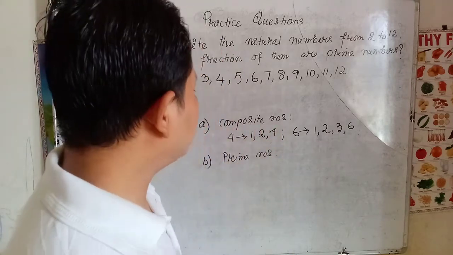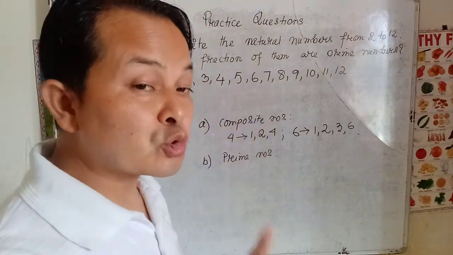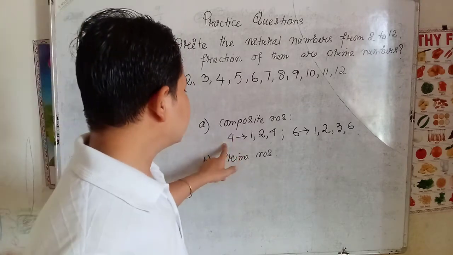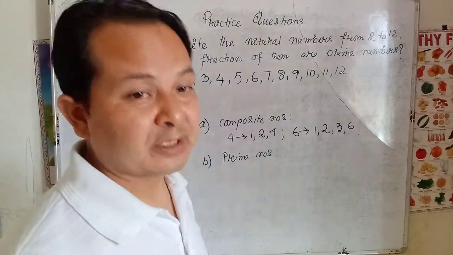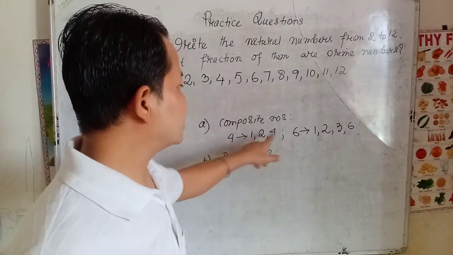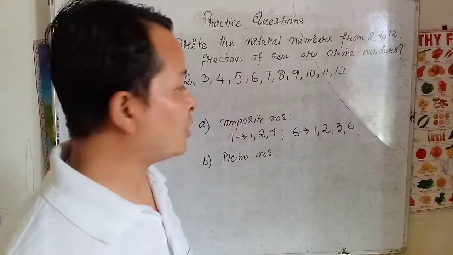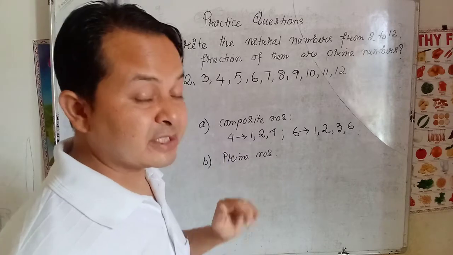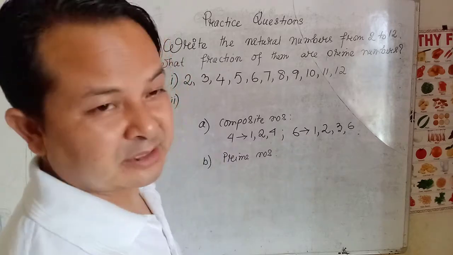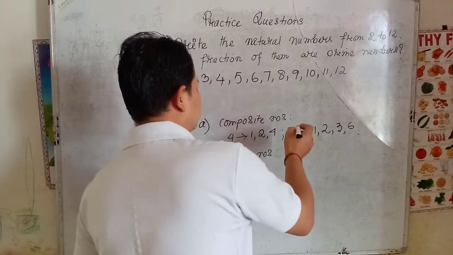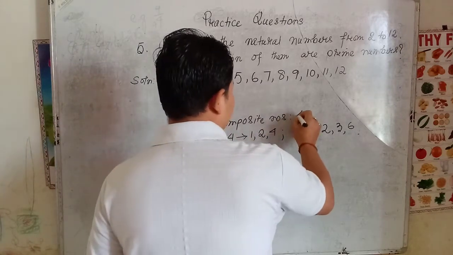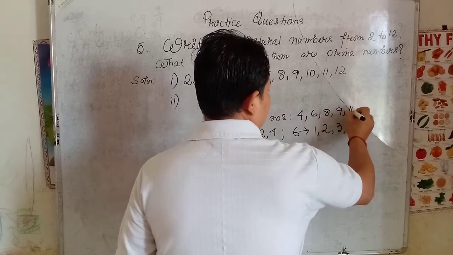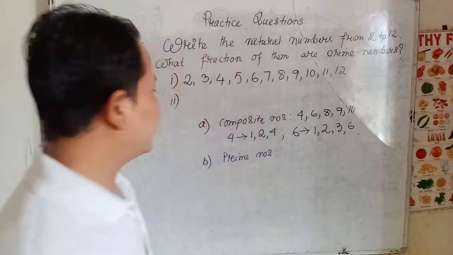By the definition, composite numbers are those numbers having more than 2 factors. 4 has got 3 factors and 6 has got 4 factors. As they have more than 2 factors, these numbers are called composite numbers. I can give some more: 4, 6, 8, 9, 10, like this. You can write so many composite numbers.